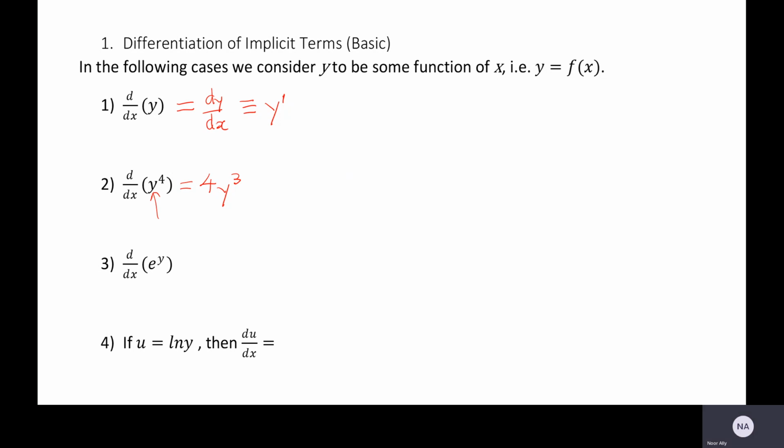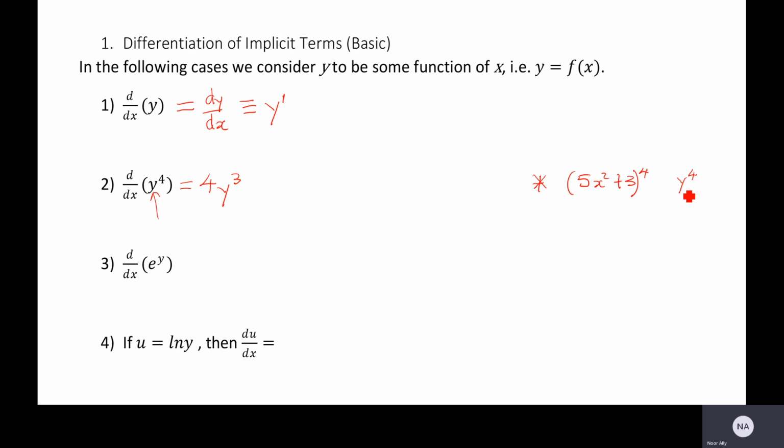Now, to give you an equivalent scenario, consider this function: 5x squared plus 3, to the power of 4. That is very similar to y to the 4.